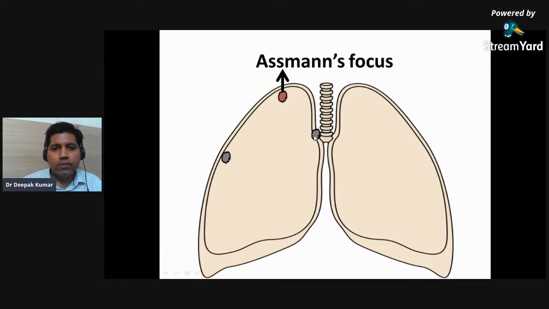However, if the lesion that developed in the apical area of the lung remains active, that is called Assmann's focus. I just want you to get familiar with these terms, which can show up and which will look nice when you write these things on your paper. That's why I'm repeating the names. So Assmann's focus is an active lesion, and Simon's focus is a fibrosed lesion in the apical area.